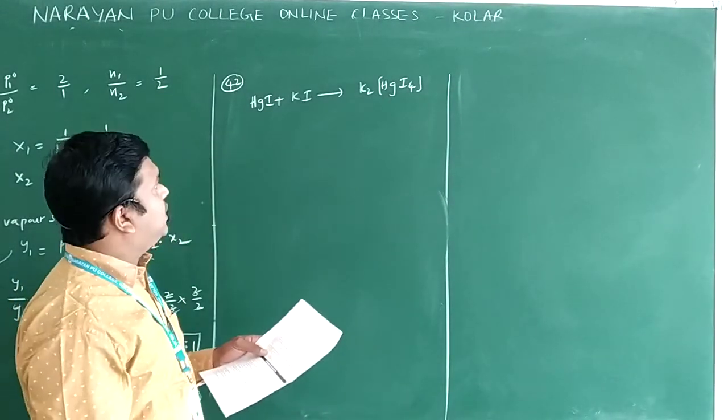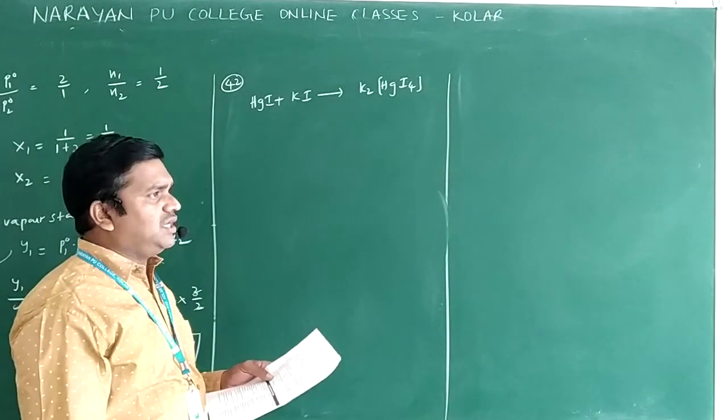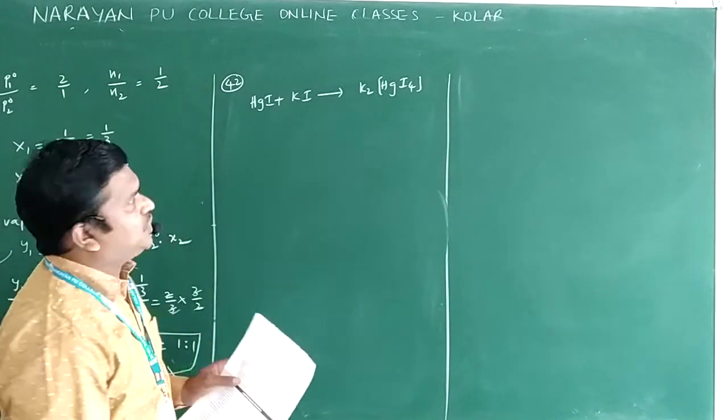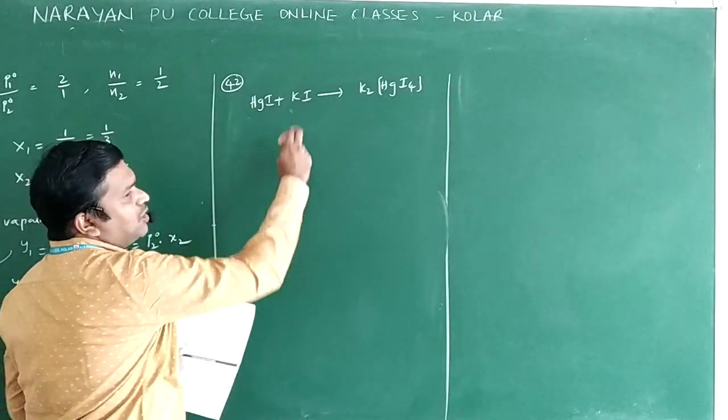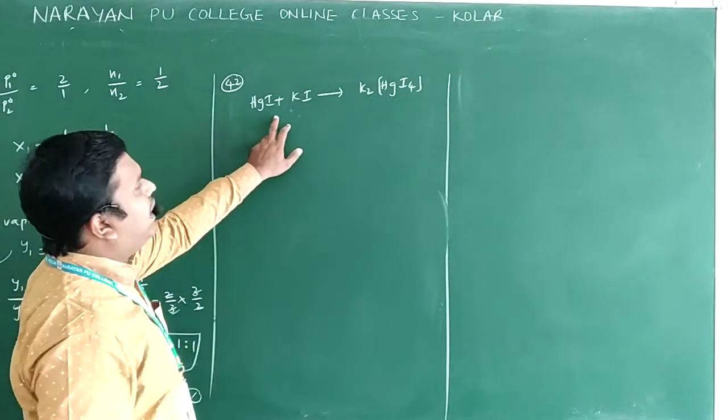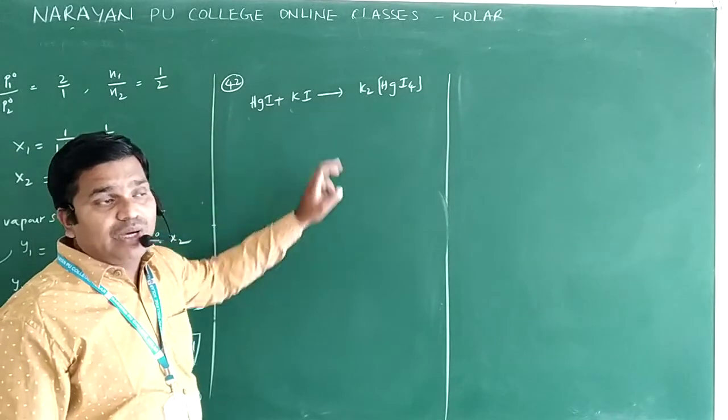Clear? Now let us see the number of ions before the reaction and after the reaction. This is Hg2+ and 2 I minus, and this is 2K plus and 2 I minus. Here we have 2 ions and here we have 2 ions.